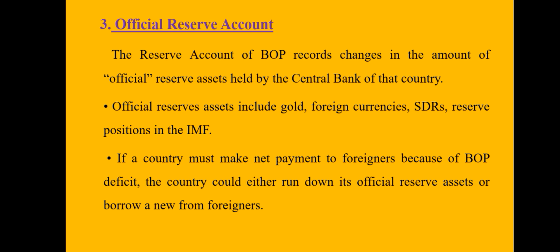SDR refers to special drawing rights or supplementary foreign exchange reserve assets defined and maintained by International Monetary Fund. SDRs are the units of account for the International Monetary Fund.